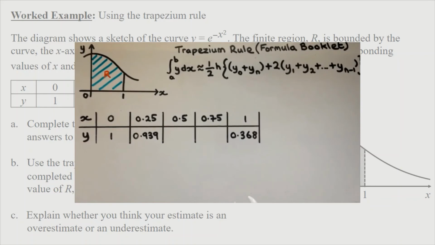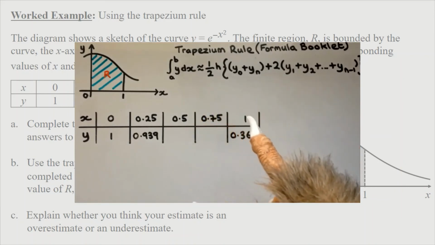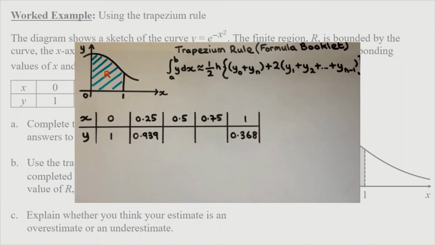Okay everybody, the only worked example we're going to look at is the case for y equals e to the minus x all squared. What I've done is I've sketched the curve that you're given in the notes, and I've also written down the trapezium rule as it appears in the formula booklet.